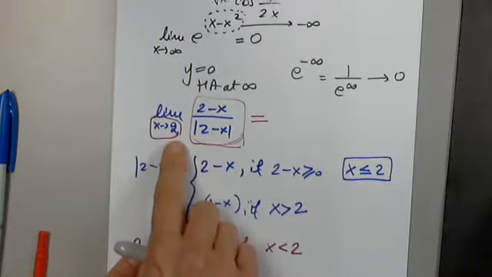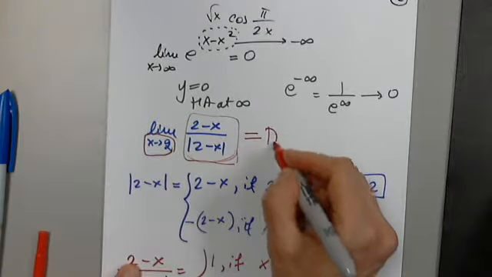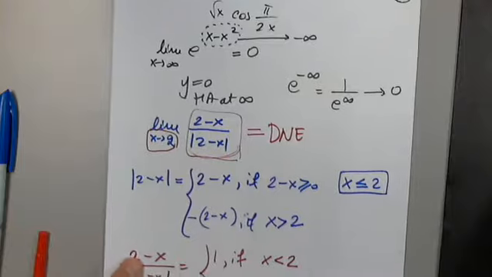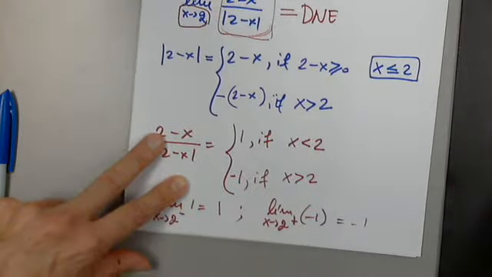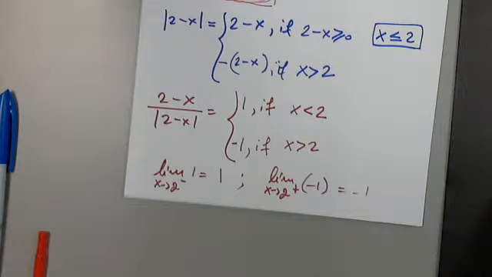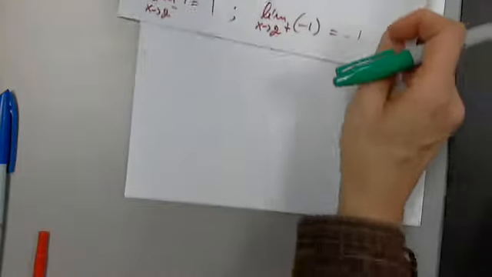So from either side is? From the left is 1, from the right is negative 1. Any questions on this? Okay, next one.